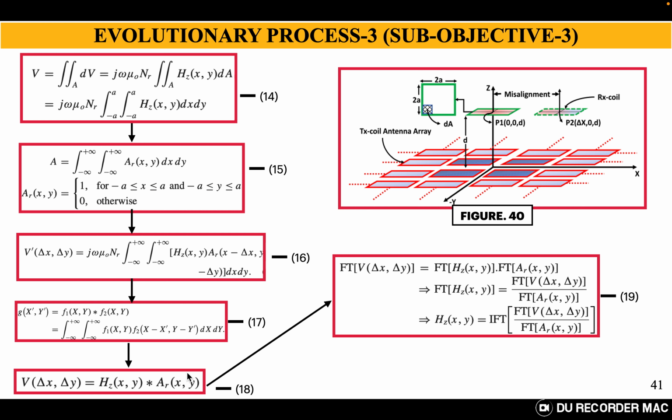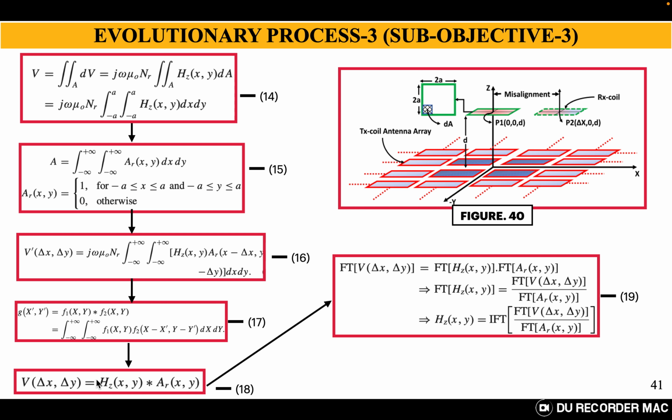So if you convolve these two functions, you will get the induced voltage. Instead of using equation 14, one can also use the convolution of these two functions to determine the induced voltage. That is one of the contributions that we have given through this evolutionary process 3.